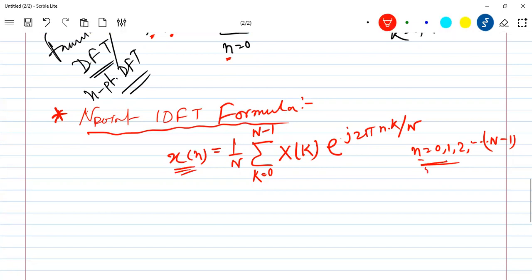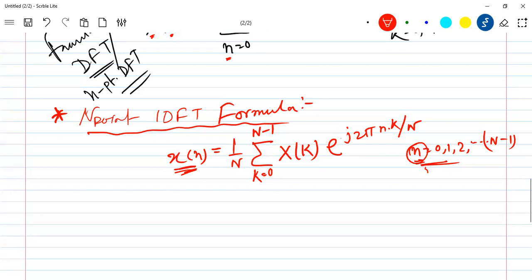Is that clear? Here I have written n equals 0, 1, 2. You are asking about this part, no? Yes, sir. Why will it be small n, it should be k? No, this part, when we write n equals 0, 1, 2, actually depends on this, because what is your output result? The output result in the IDFT case is the time domain discrete time signal.